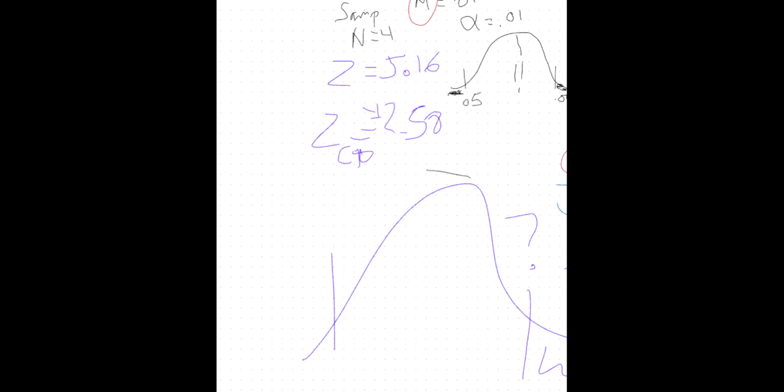And our score is all the way over here at 5.16. So what can you tell me about the area to the right of 5.16? What do you know for sure about that area? Is it a larger area than 0.5%, or is it a smaller area than 0.5%? Smaller.